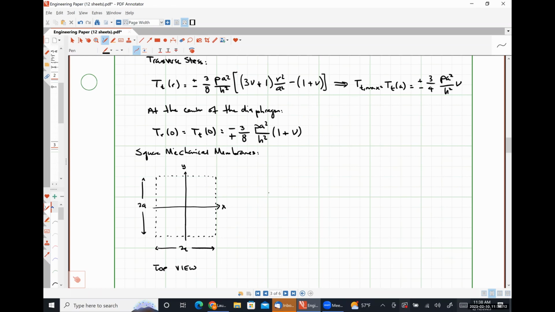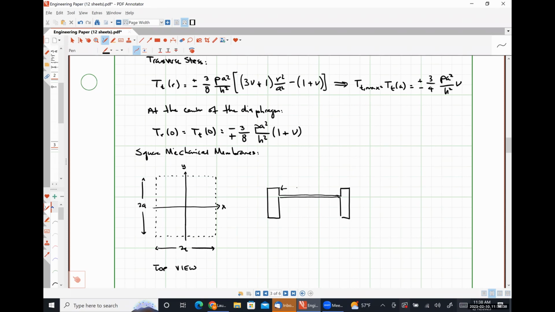Our side view is going to be very similar to what we saw for our circular membrane. Really, the only difference is that our deflection is going to be measured as a function of position in a Cartesian coordinate system, right?